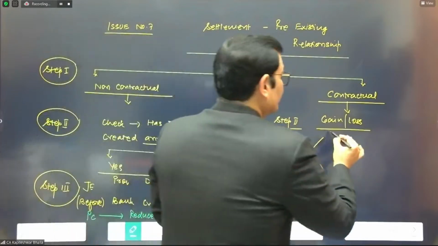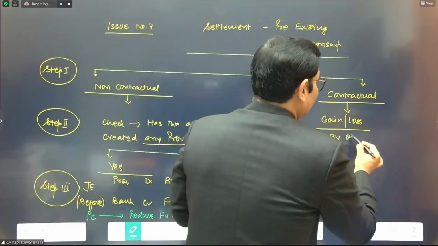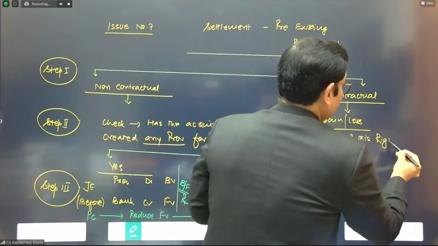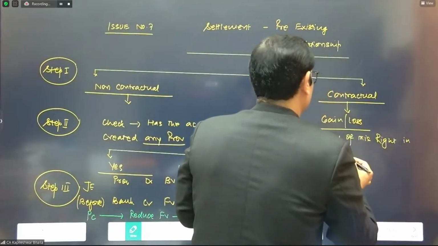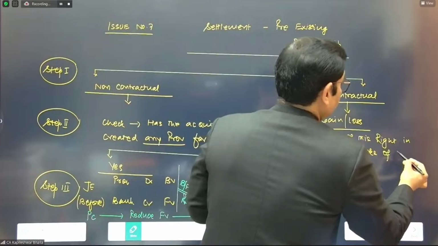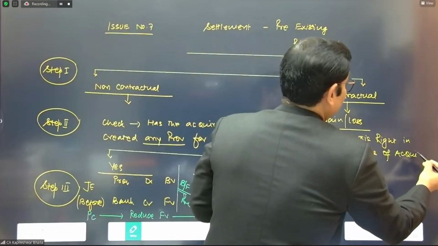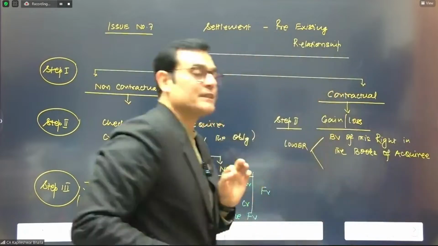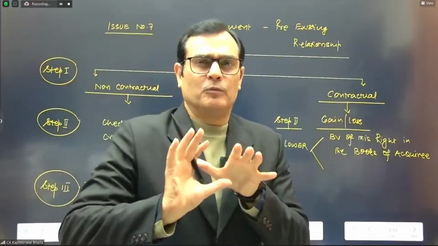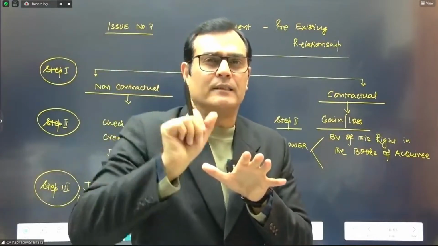Number 1, what is the book value of this right in the books of the acquiree? When I'm looking at this concept, that is contractual relationship, I'm again assuming that you must have given a right to the acquiree earlier.